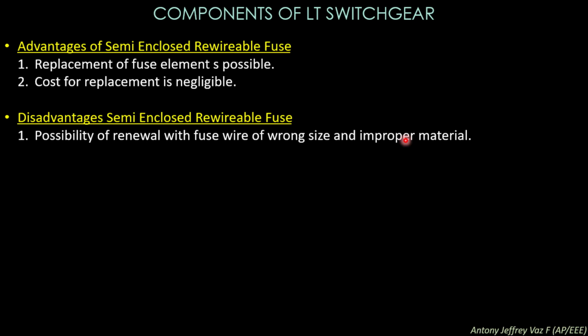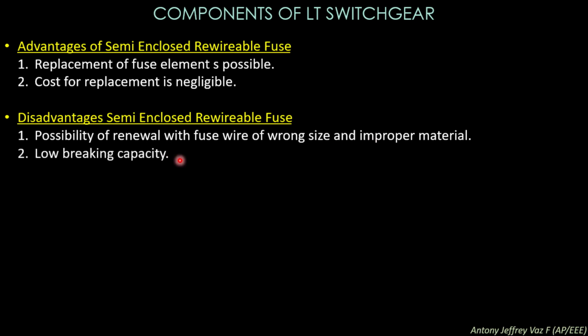It should have the 5 amps. But in rewirable fuses, there is a possibility that wrong size and improper materials are used by the maintenance. So this is the disadvantage.